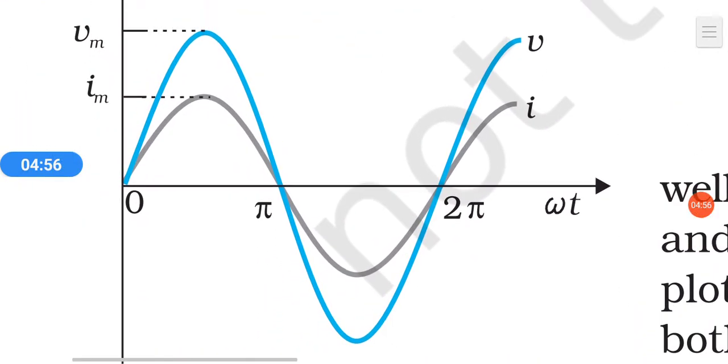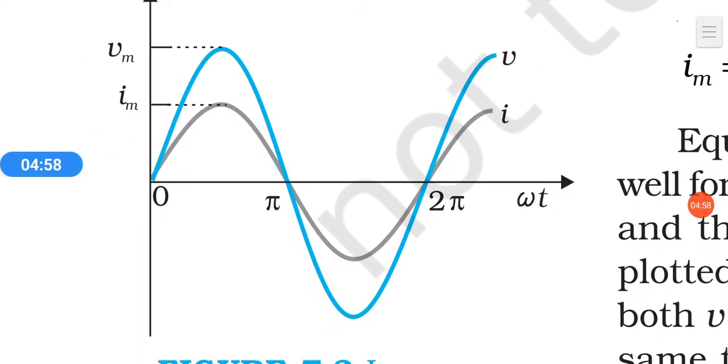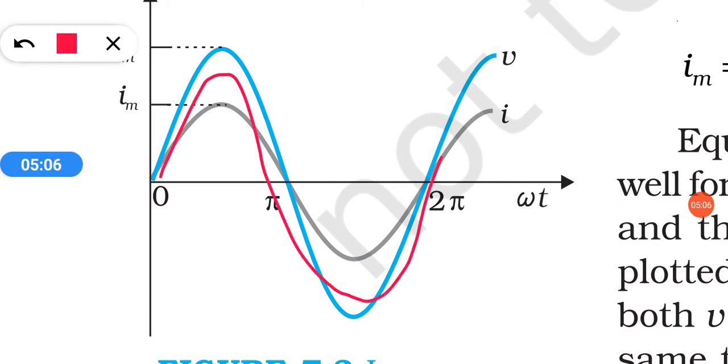It starts from 0 to pi and pi to 2 pi, and then goes on to 3 pi by 2, 3 pi, then again 4 pi. So it goes like that. It is a sine wave function.